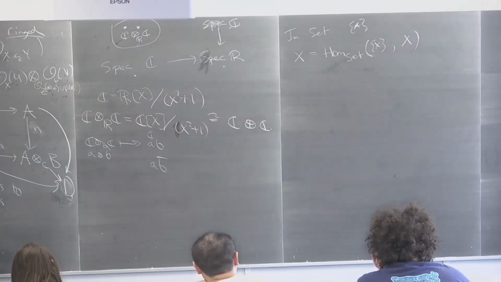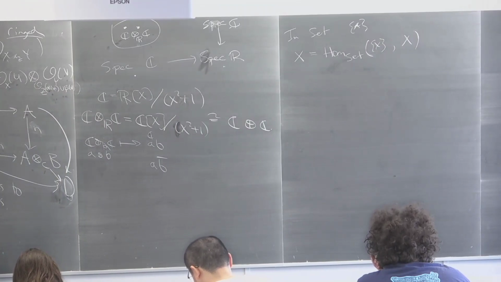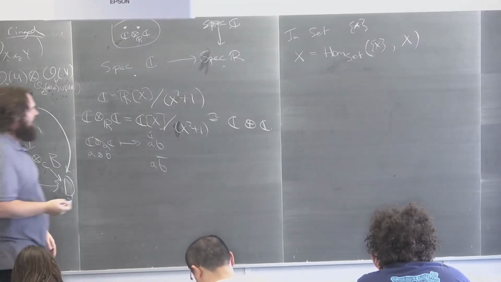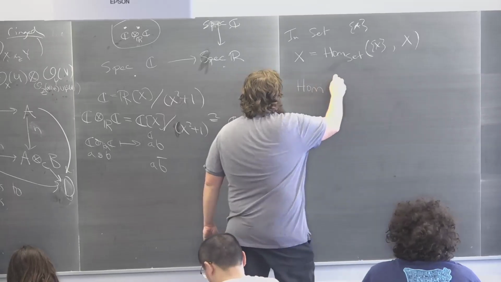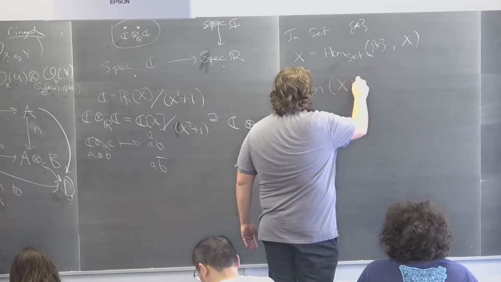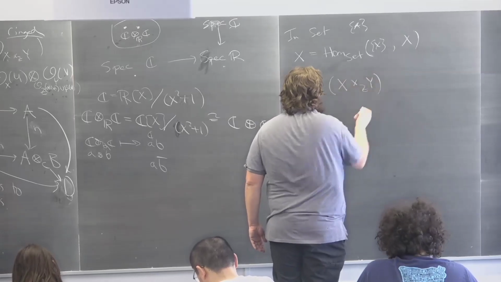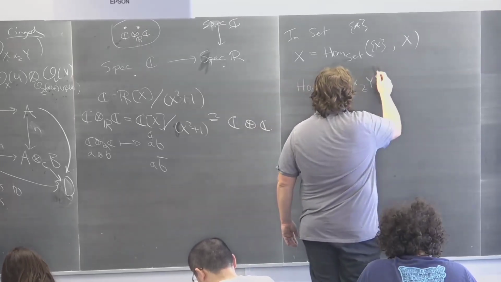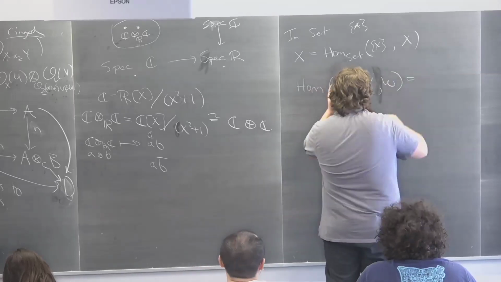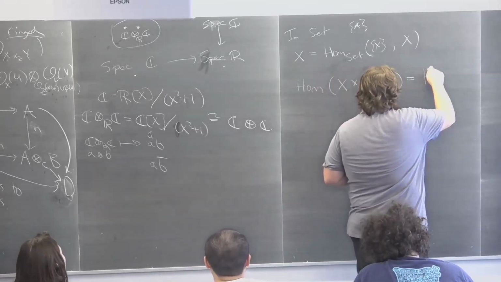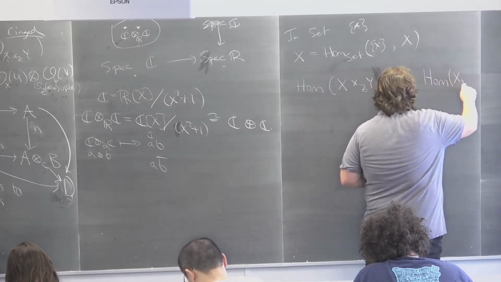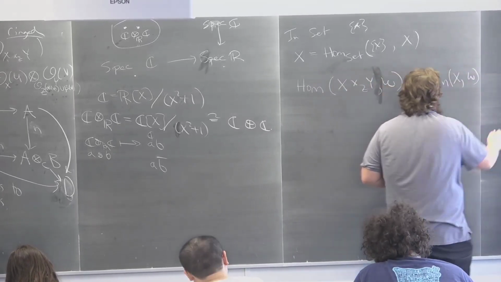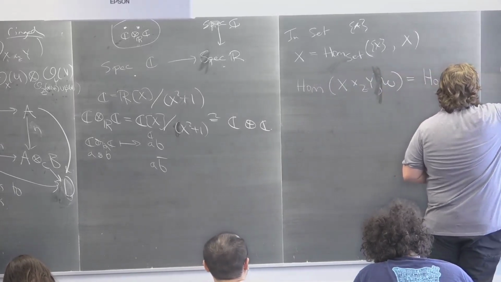So what this pullback property exactly tells me is that if I look at Hom of the fiber product into something, some W, well, that's the same as taking the fiber product as sets of Hom from X into W and Hom from Y into W, right?